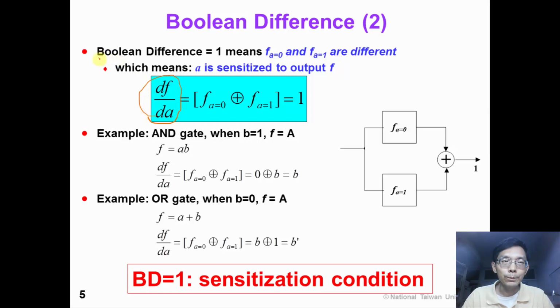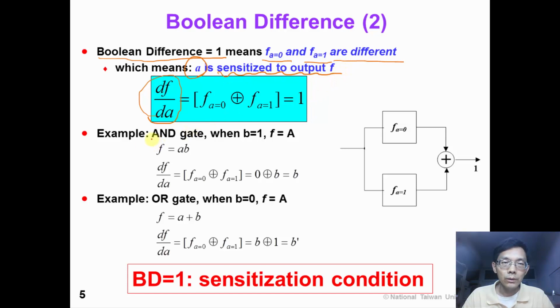The meaning of Boolean difference being 1 is that f sub a equal to 0 and f sub a equal to 1 are different. That means input a is sensitized to output f.